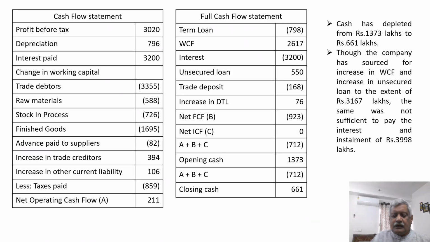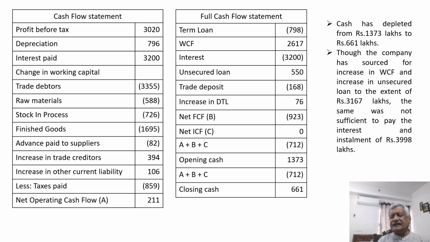Now we will add the net cash flow from operating activity, financing activity and investment activity. It works out to 211 plus minus 923. That means the total cash flow was negative at 712.